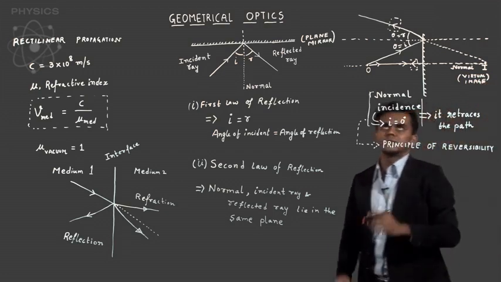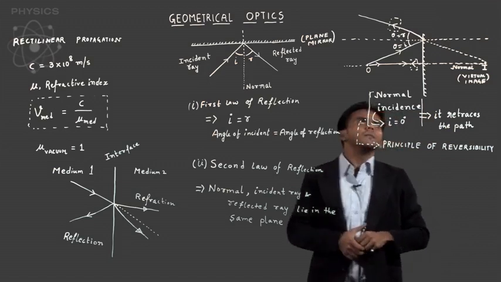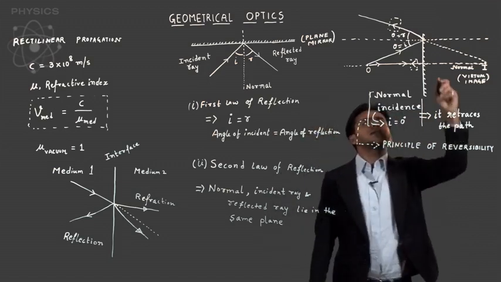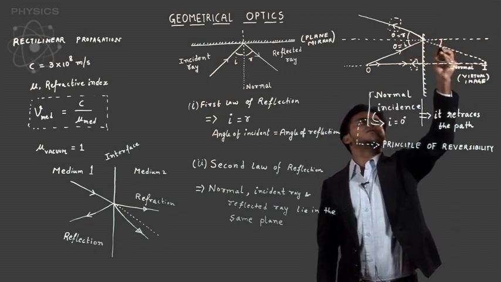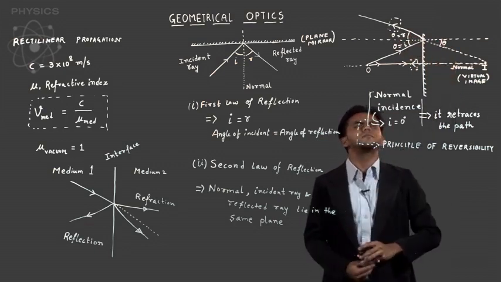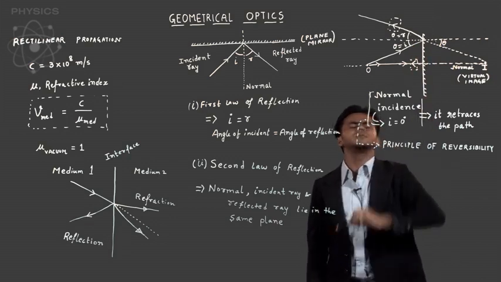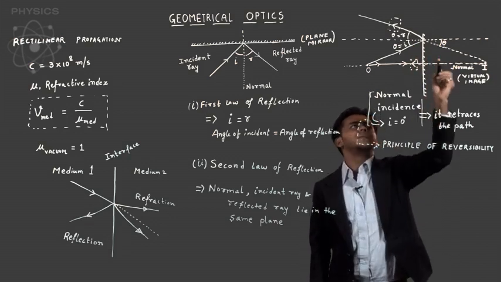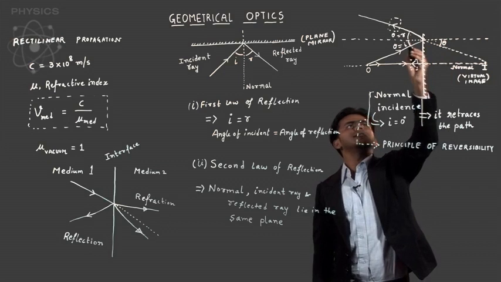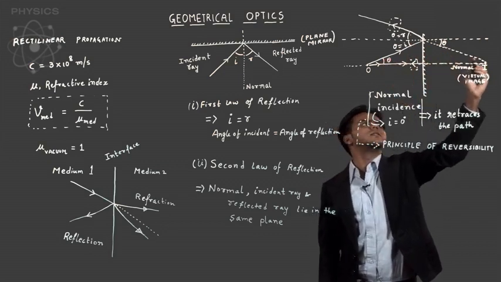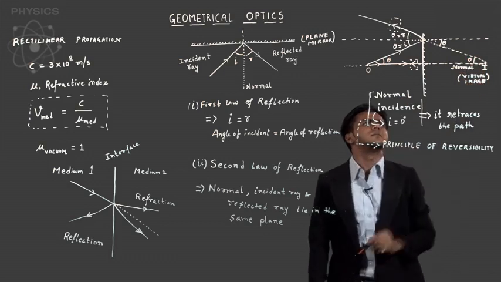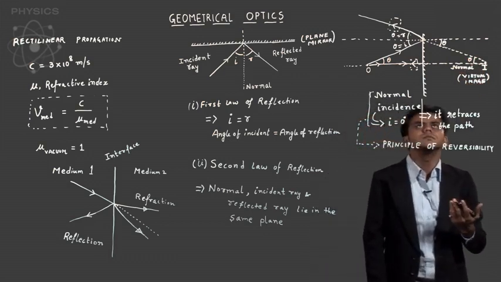So let's just bear through this. Now I know that this angle R, which is theta, would be equal to this angle theta, vertically opposite angles. Now this angle is theta, so this angle is also theta, and if this angle is theta, this angle is also theta. Alternate angles.